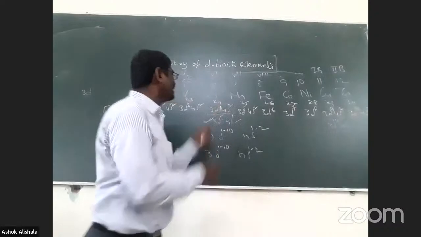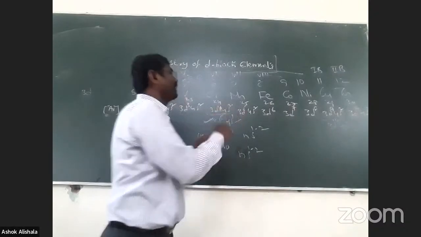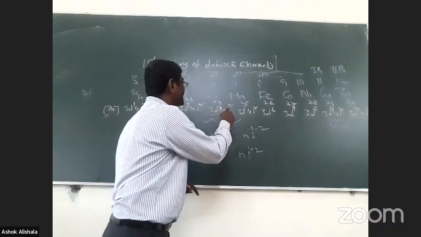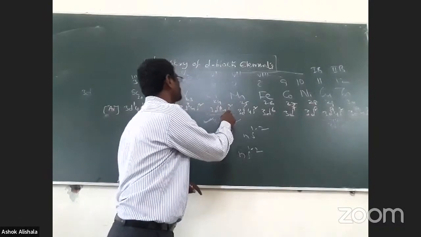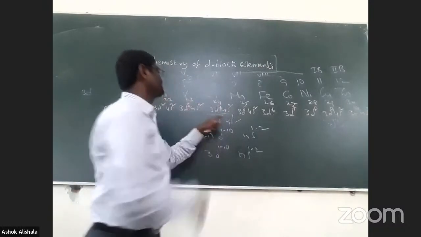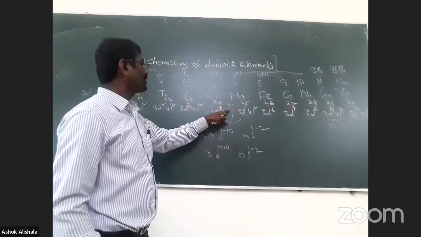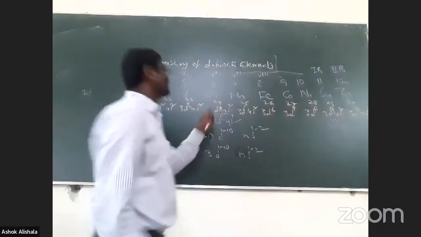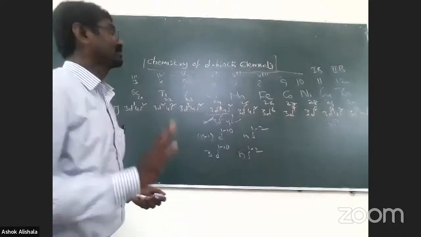Therefore, not much energy is required for the transfer of the electron from 4s to 3d. So the system itself adjusts the electron from 4s to 3d to get the stability, in the case of chromium and copper.